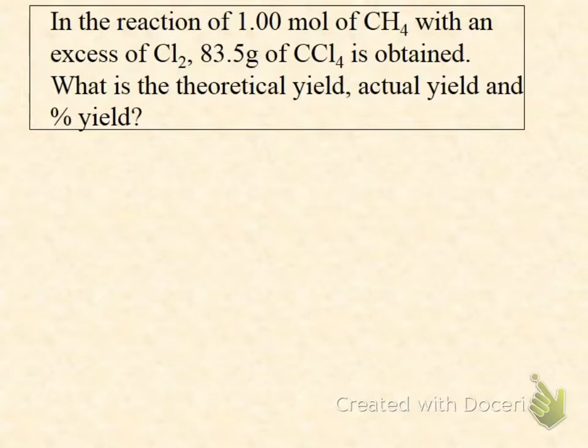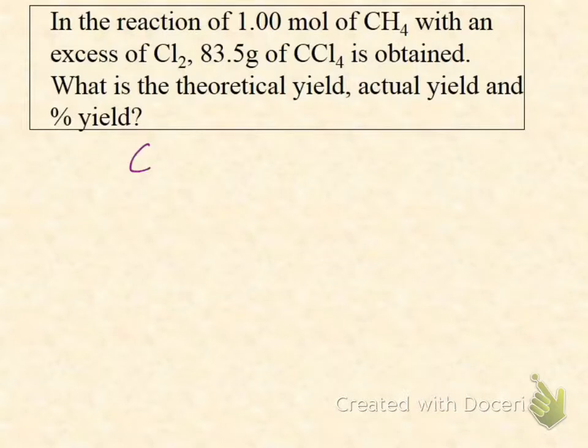Okay, so here we have this reaction, and it says the reaction of 1 mole of CH4 with an excess of Cl2 was given to you, and that 83.5 grams of the carbon tetrachloride was obtained. What is the theoretical, actual, and percent yield? So we have to write the balanced equation for this.